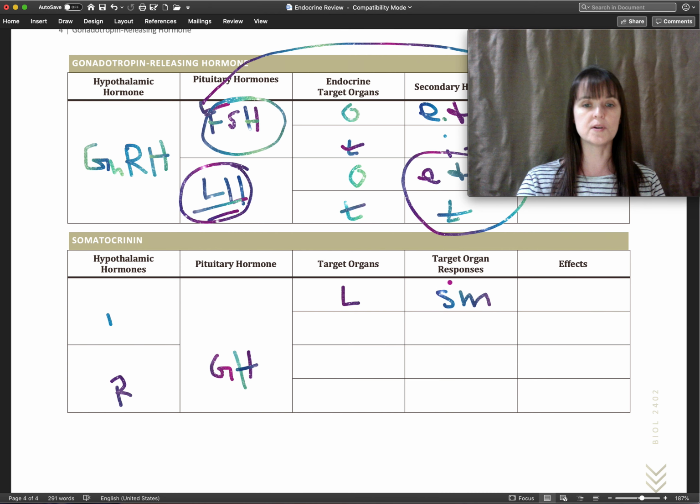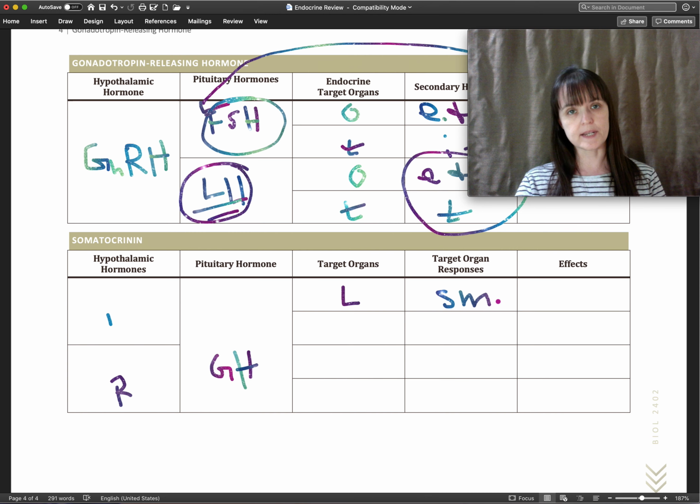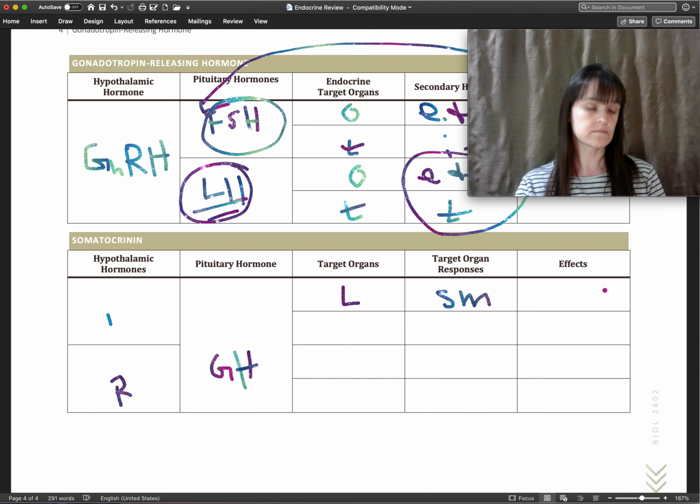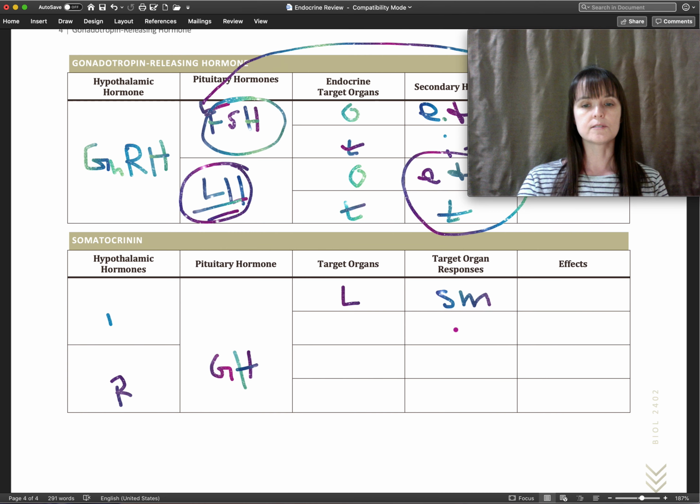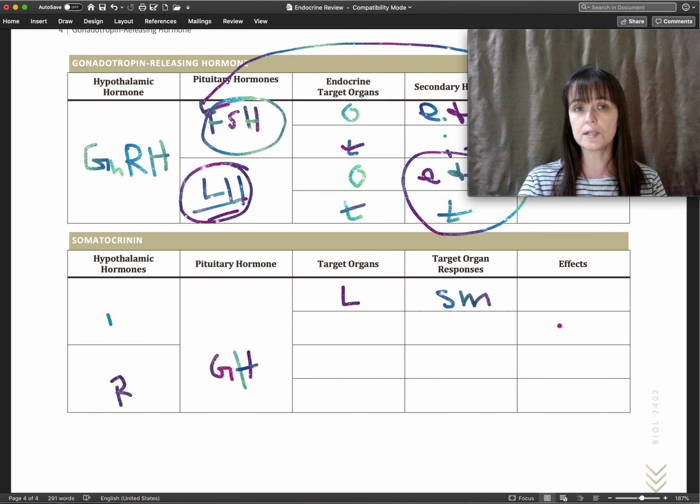So the growth hormone causes the liver to make somatomedin, which causes growth. In the epithelium and connective tissue, growth hormone causes stem cell division, which is literally growing new cells. You're dividing cells to make new cells. Growth.